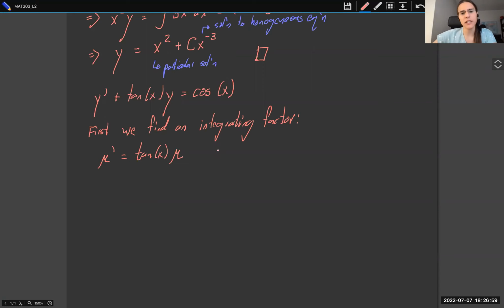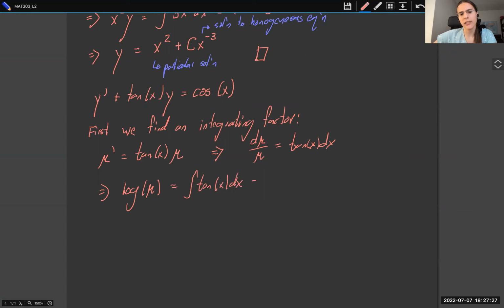And now when we separate this, what we're going to get is that d mu over mu is equal to tan x dx. And so as a result, logarithm of mu is equal to the integral of tan of x.